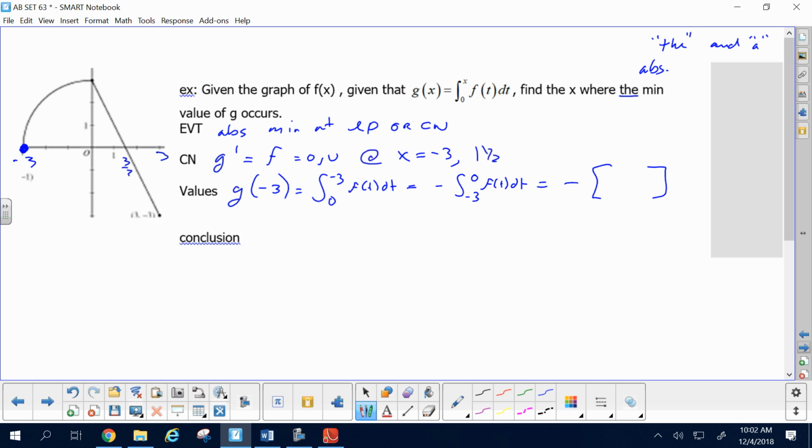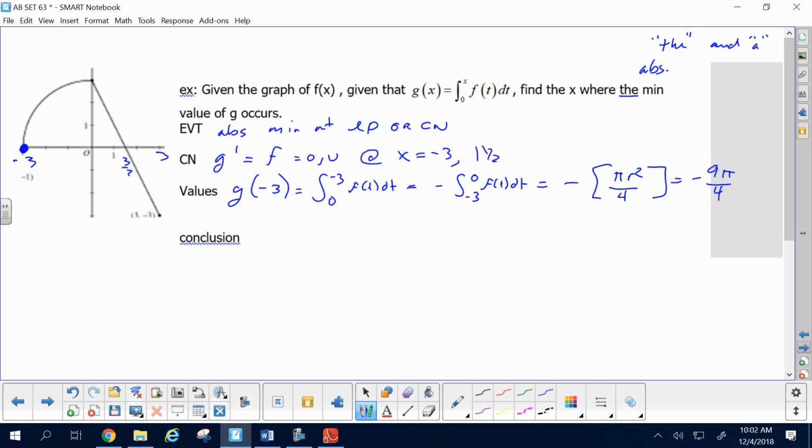Afterwards, you finally do the signed area. Is that area from -3 to 0 above or below the axis? Above, and the geometry is pi r squared over 4 for a quarter of a circle. So altogether, G at -3 is -9 pi over 4.